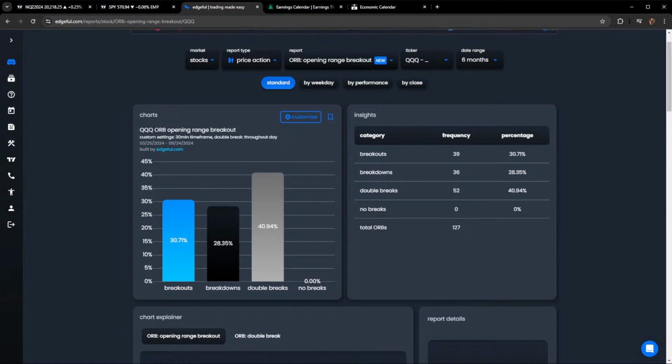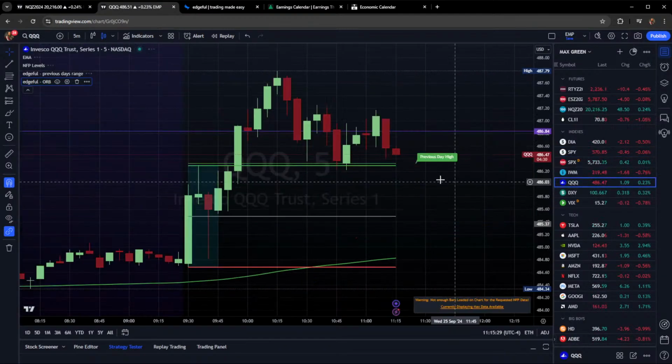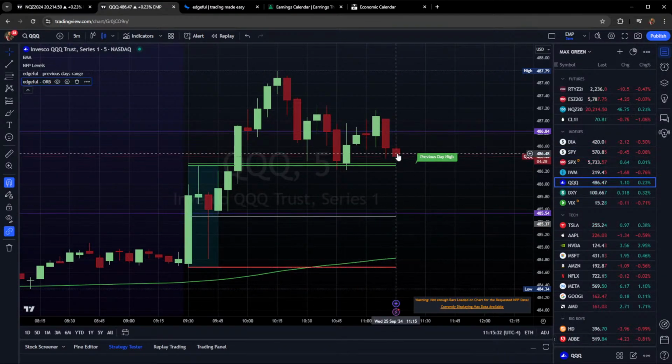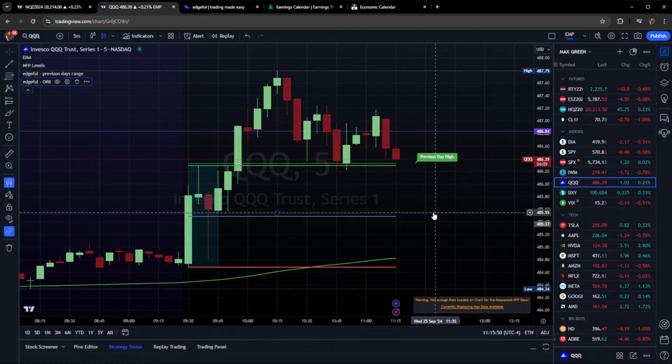Basically 41%, we break both sides. This has to fail. Previous day high and the 15-minute orb, which like I said, I like the 30-minute orb, but this just happened to line up perfectly today, so I'm going to keep an eye on this. This would be the main target down here.